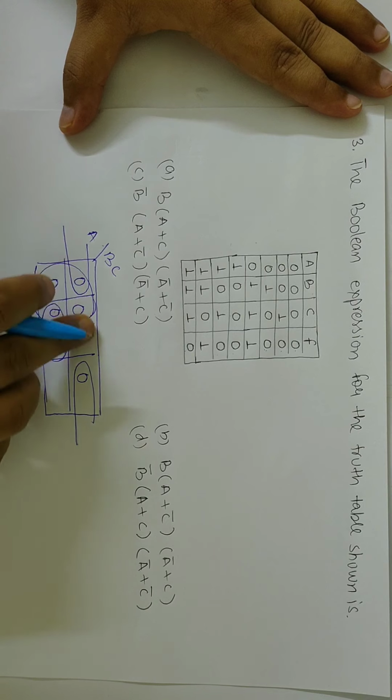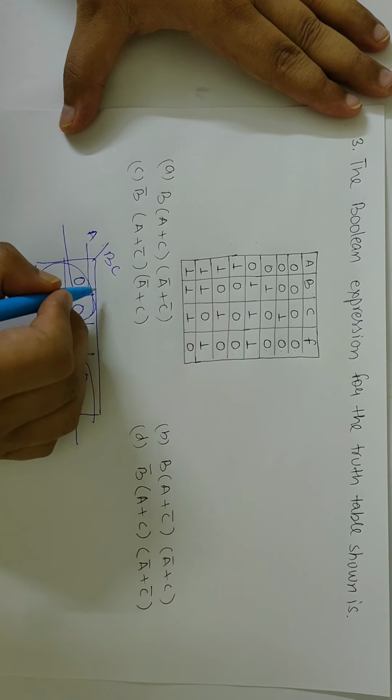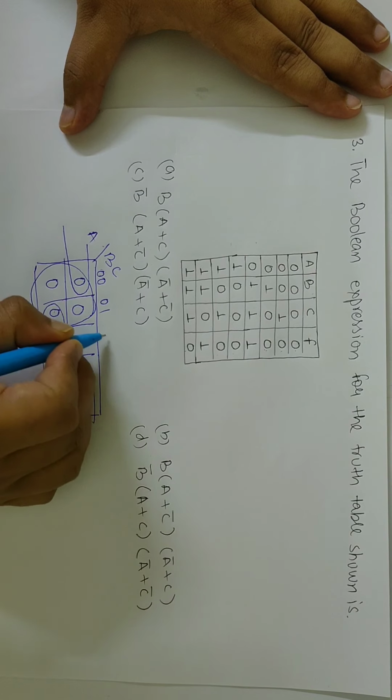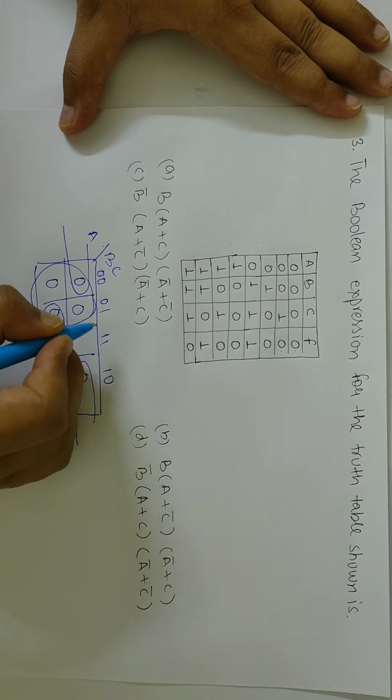So from here we can say that this is like 0 0 0 1 1 1 1 0.